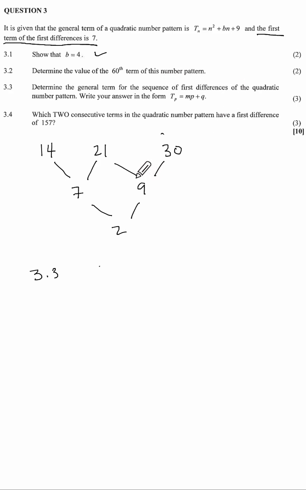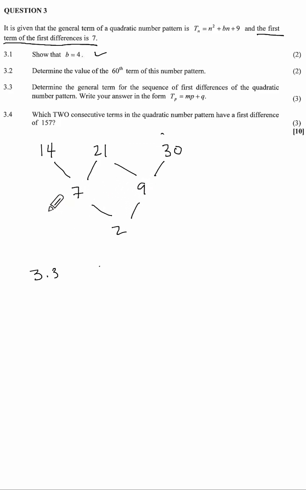In all cases, the first differences of a quadratic number pattern, these ones here, always make an arithmetic sequence or pattern because they have a constant common difference in the second differences here. So all their differences will be 2, 2, 2, 2, 2 if we were to continue this sequence.